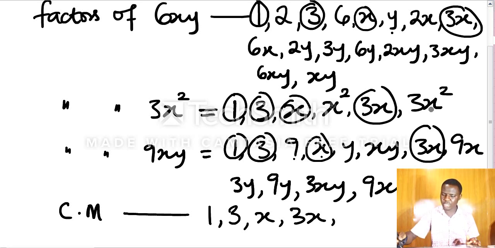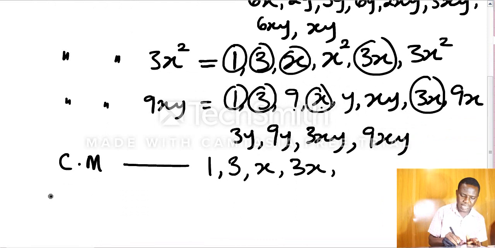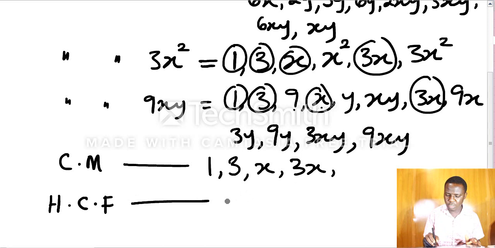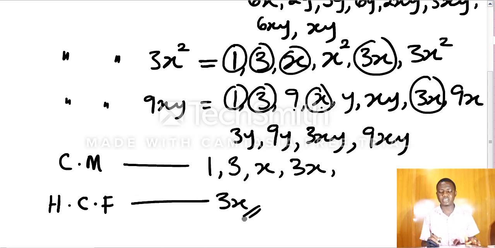We have it here, we don't have it here, we don't have it here. Now let's look at this, which is still left. We have 3xy, 3x squared, and no 3x squared is common. So these are the common factors of 6xy, 3x squared, and 9xy. What is the highest common factor? Now your HCF of this becomes what?